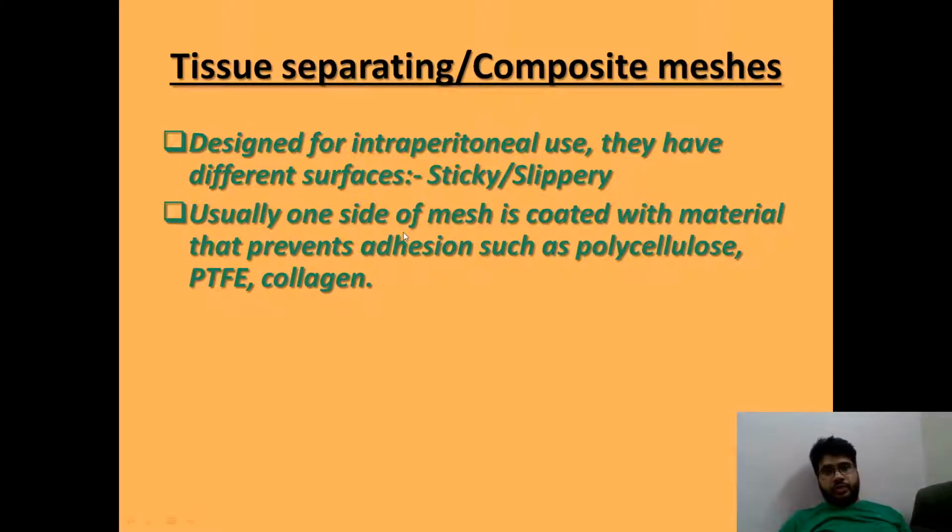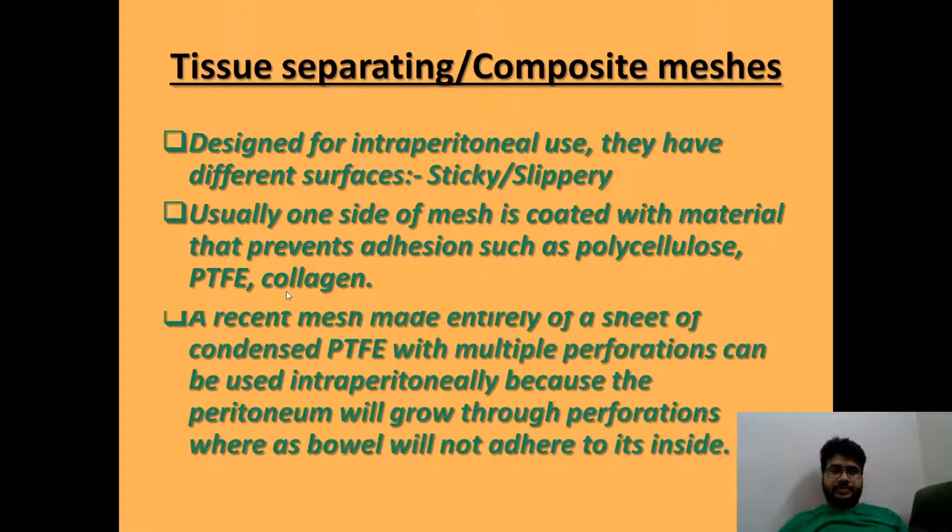Examples of coating are polycellulose, PTFE or collagen. A recent mesh made entirely of a sheet of condensed PTFE with multiple perforations can be used intraperitoneally. It is made of a single material because the peritoneum will grow through the perforations, whereas the bowel will not adhere to it.